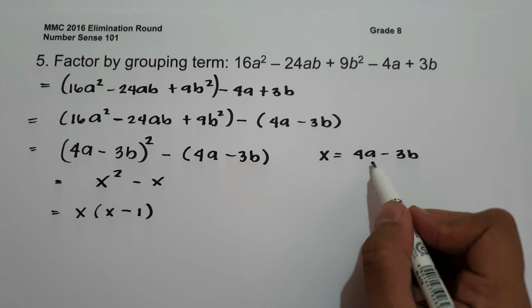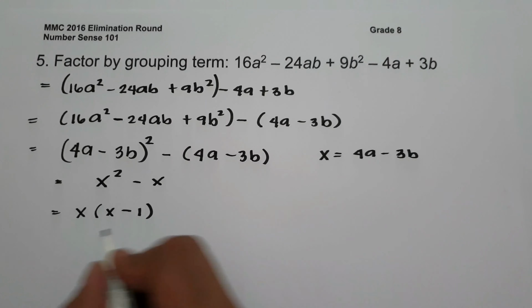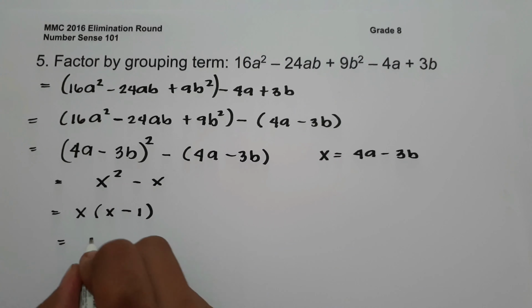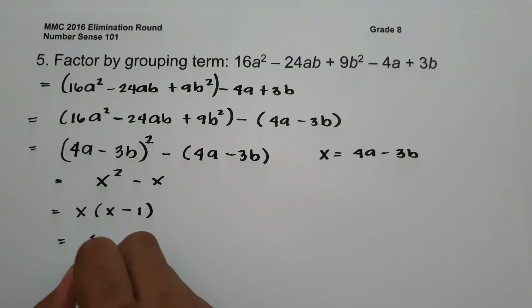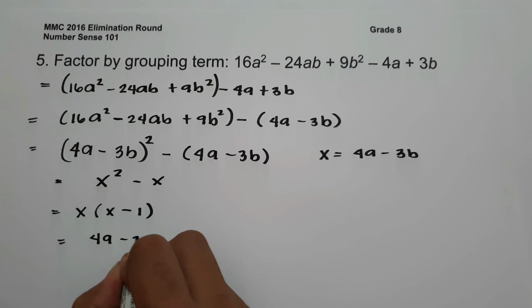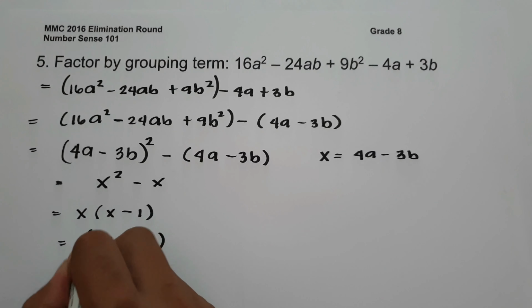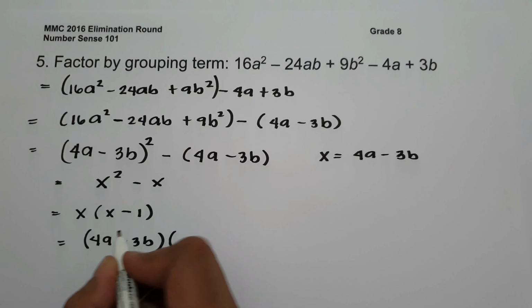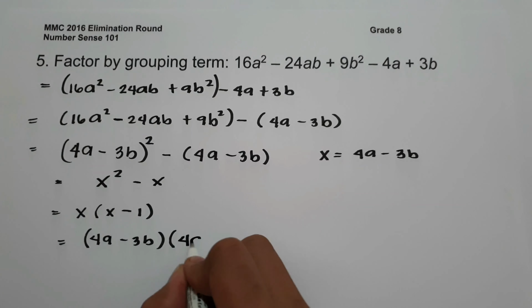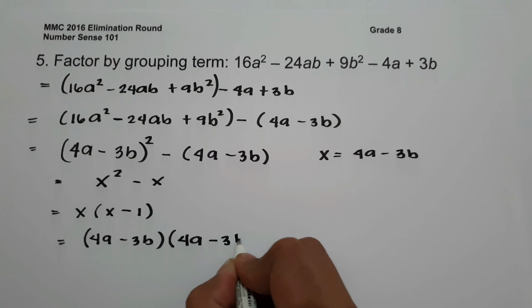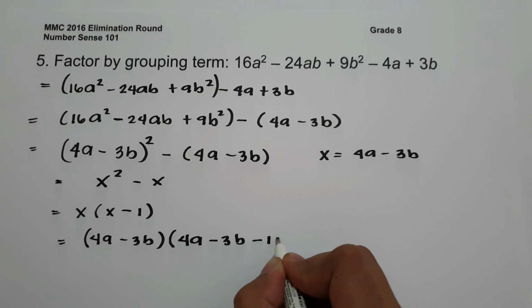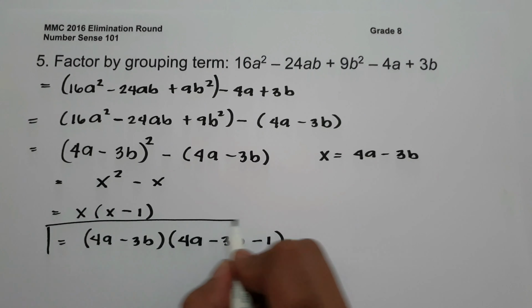And the value of x will be 4a minus 3b. So therefore, we are going to have 4a minus 3b multiplied by x minus 1. So it will be 4a minus 3b times 4a minus 3b minus 1. So this will be our answer.